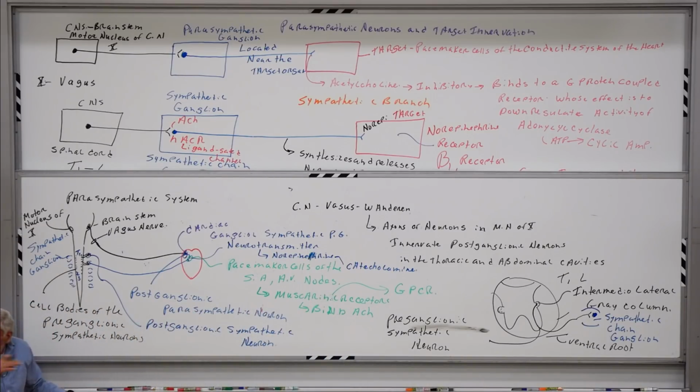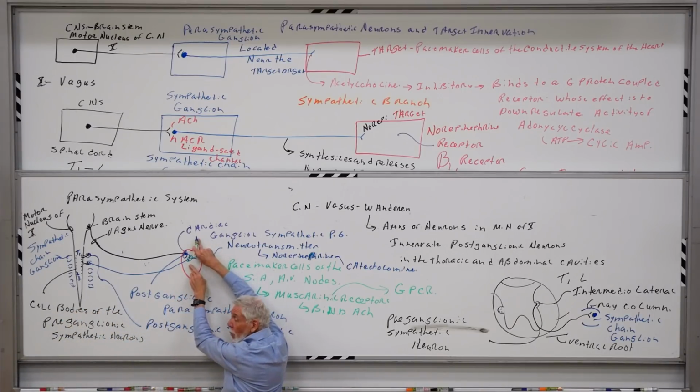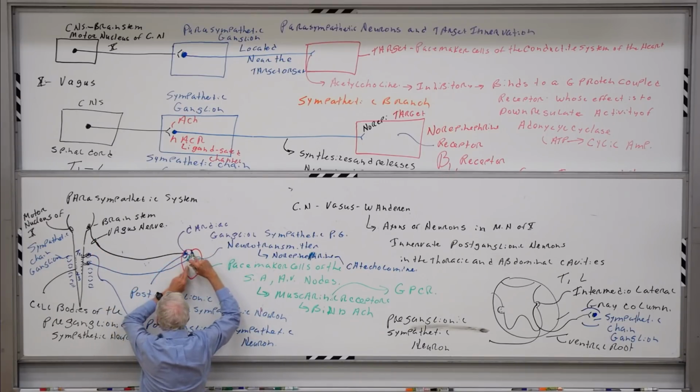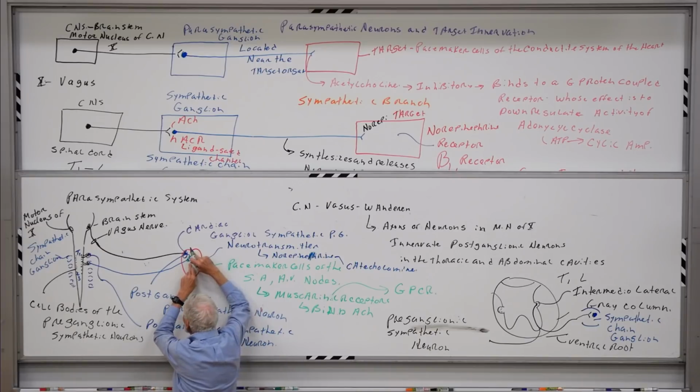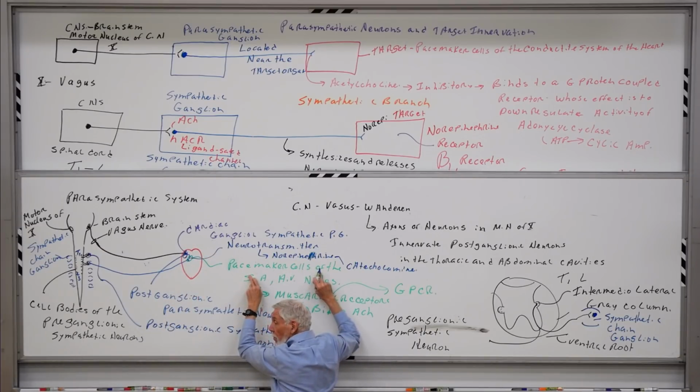Now, we're going to see as we move through this and other systems that we can release the same neurotransmitter, norepinephrine in this case, and depending on what the receptor is, we'll get different responses. We emphasized that earlier for the parasympathetic branch, where acetylcholine was the neurotransmitter both at the pre to postganglionic synapse as well as onto the target, but the difference in response depended upon the difference in the receptor.